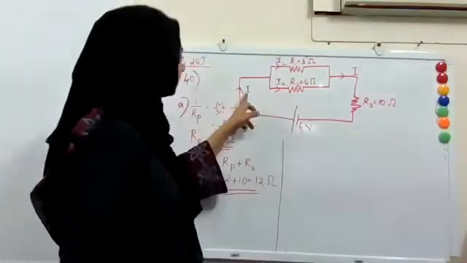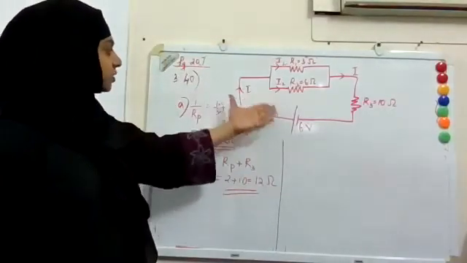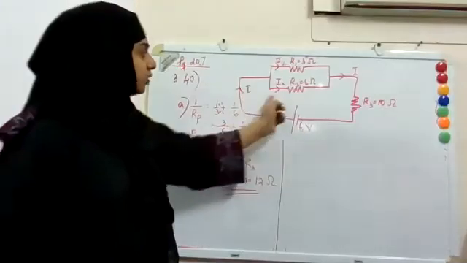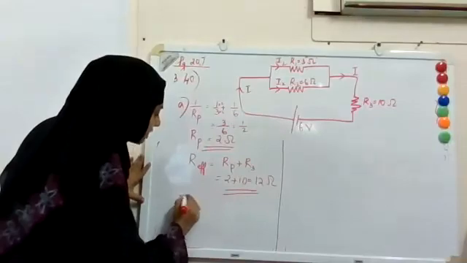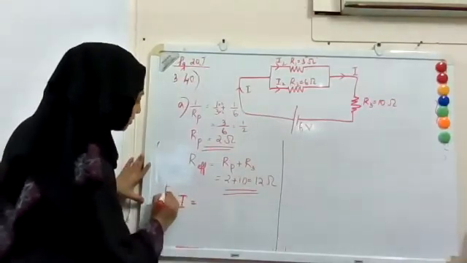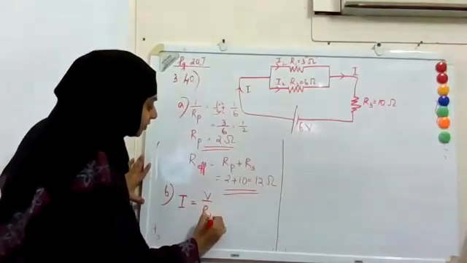But before that, we need to know the current, right? We know the effective resistance and also the potential is given. We know the whole resistance, so we know the whole current. So directly we have current I is equal to V by R, R effective for the whole.